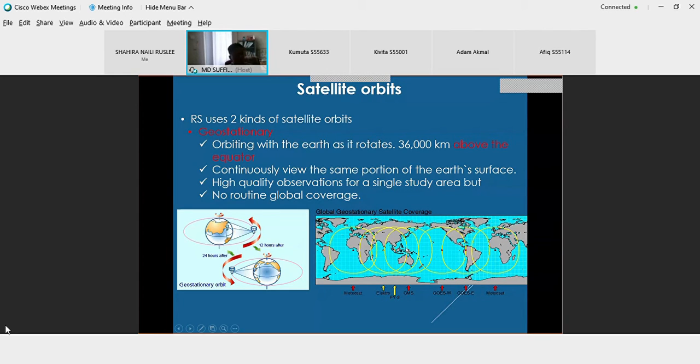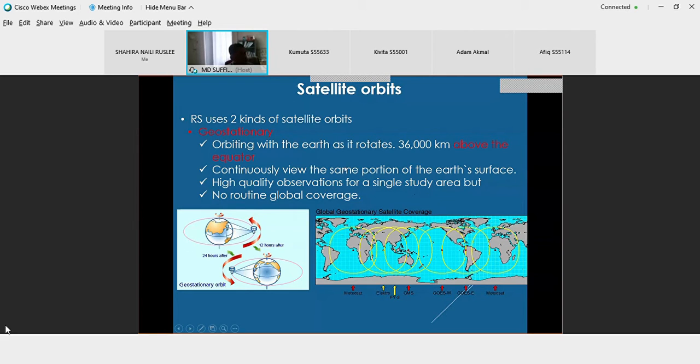Dan satelit ni dia akan bergerak mengikut halaju pergerakan bumi. So geostationary satellite punya altitude lebih tinggi. Biasanya dia letak 36,000 km and dia cover kawasan yang lebih luas.